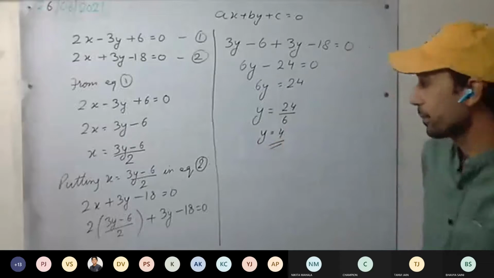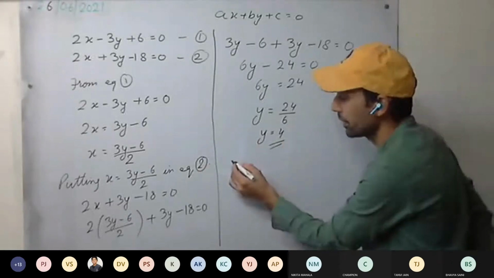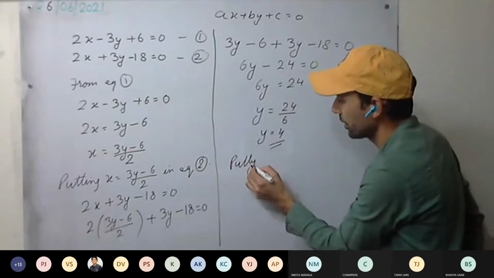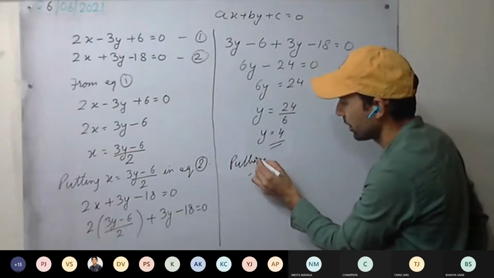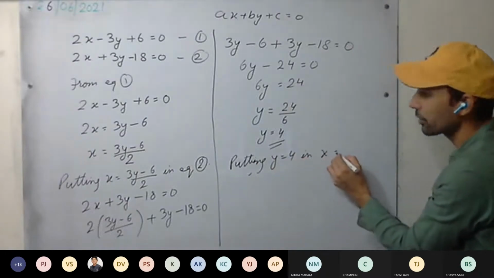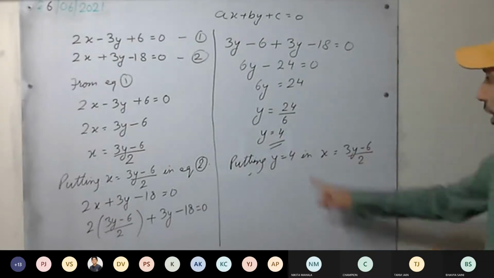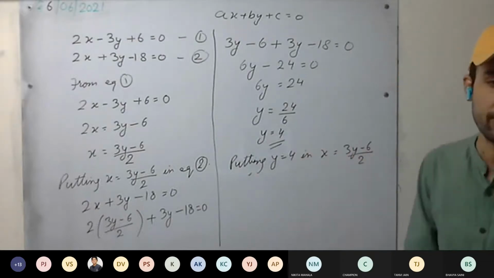Now calculate the value of x. How can we calculate the value of x? By putting y equal to 4 in x equal to 3y minus 6 divided by 2. Put the value of y equal to 4 there and calculate the value of x.